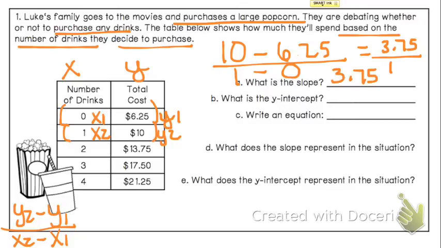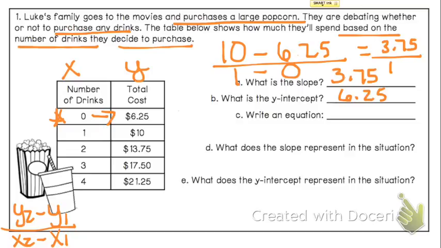What is the y-intercept? Well, the y-intercept is where my x has a 0 and its companion y is the y-intercept. So if we erase this and we look for x is 0, which is right here, this makes $6.25 my y-intercept.